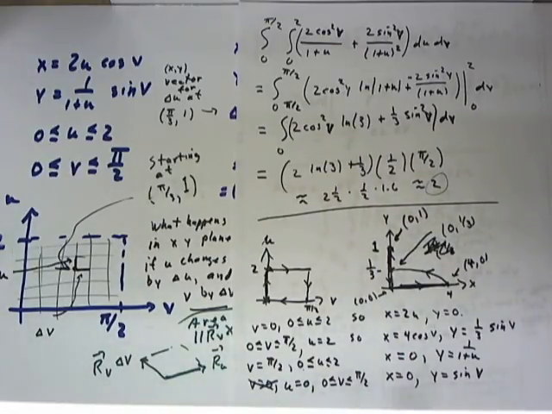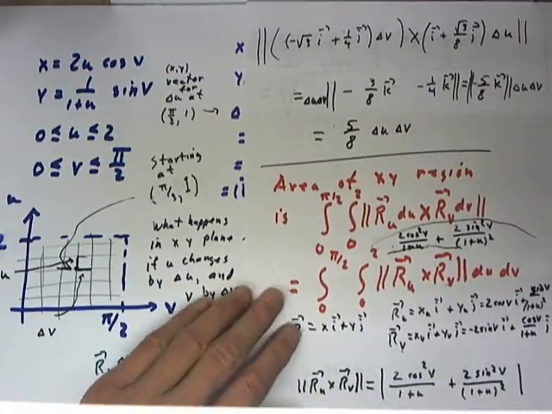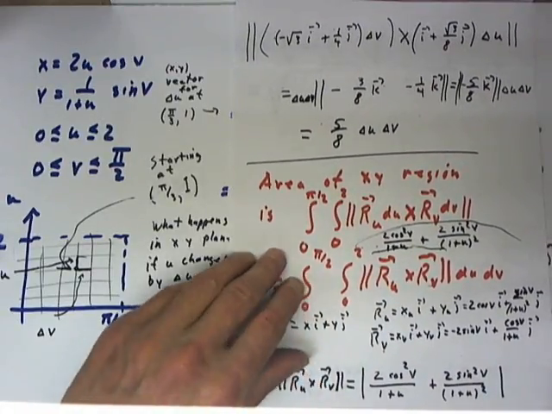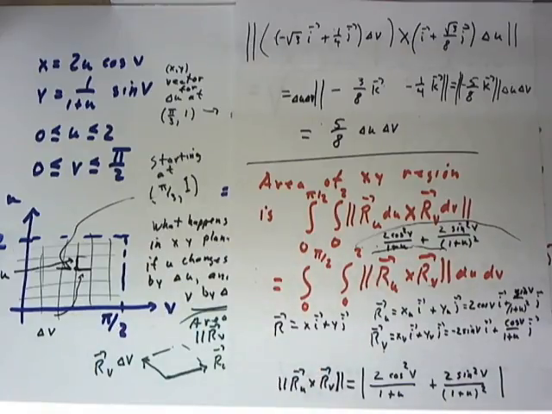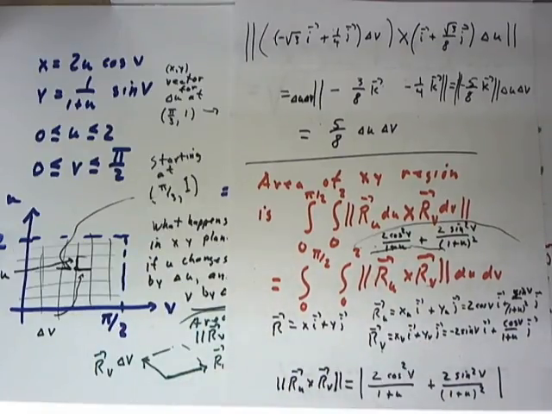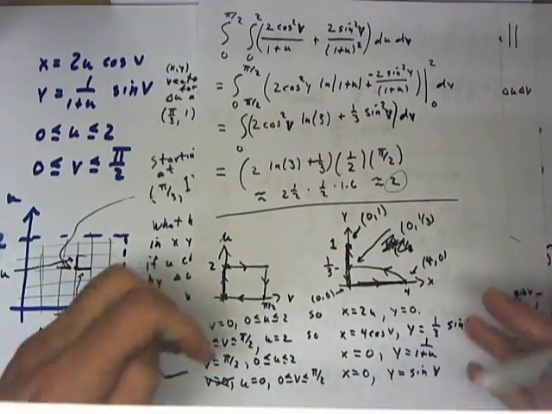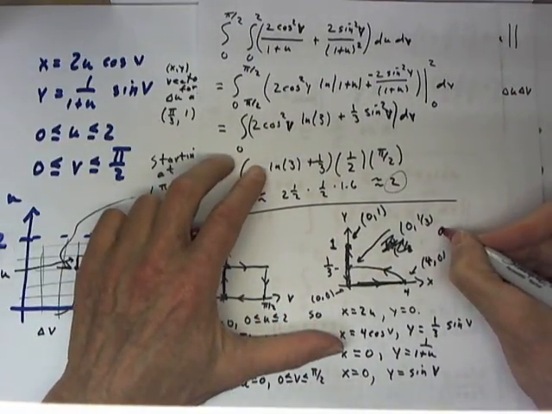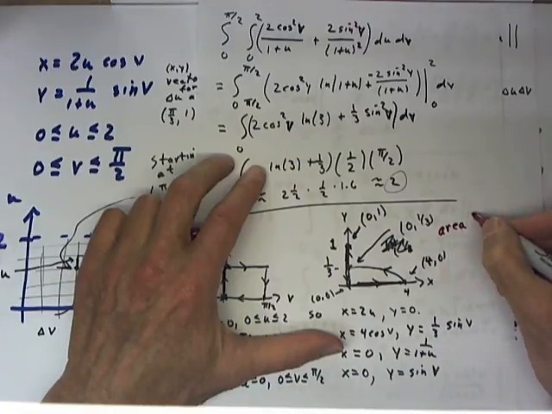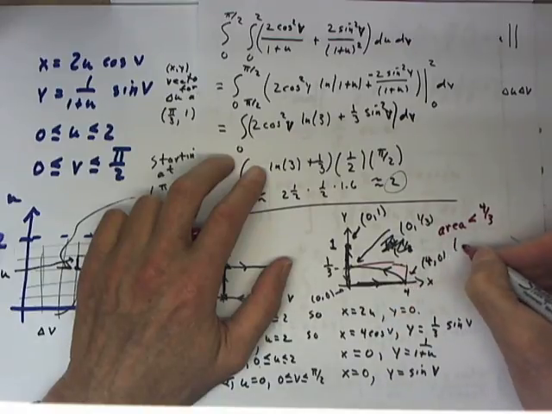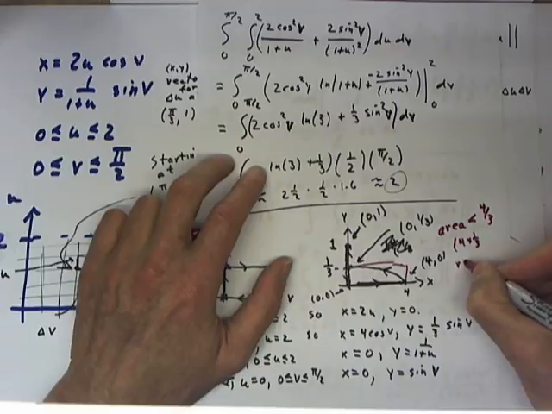I suspect that there's some kind of an error in my calculation of r_u cross r_v or something. However, it's all pretty straightforward, so I'm going to kind of leave it to you to check. The area is less than 4/3 because we have a 4 by 1/3 rectangle.